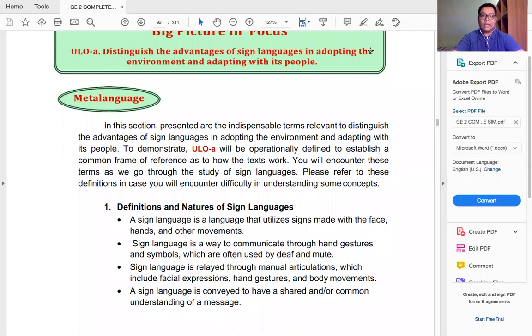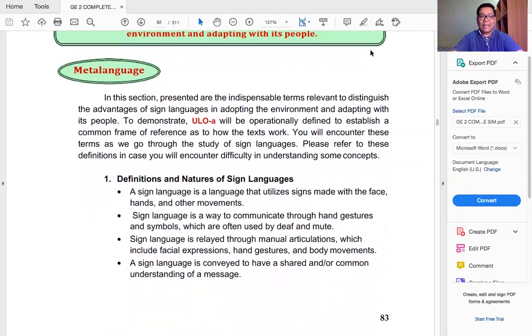Before we proceed, let us have a glimpse of the definition and the nature of sign languages. A sign language is a language that utilizes signs made with the face, hands, and other movements. If you could remember in the previous discussion, I highlighted about kinesics. The use of body gestures and facial expressions will allow you to communicate a message as well.